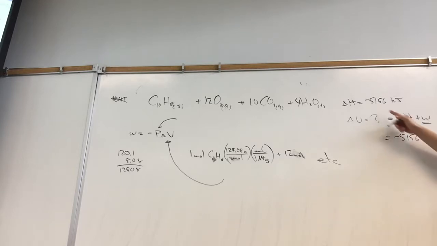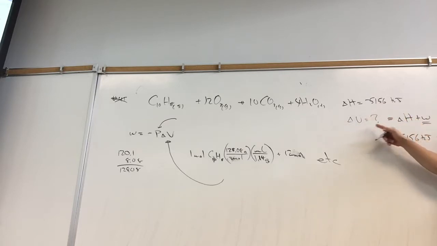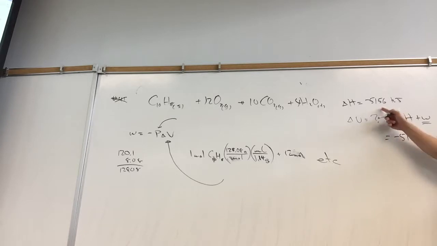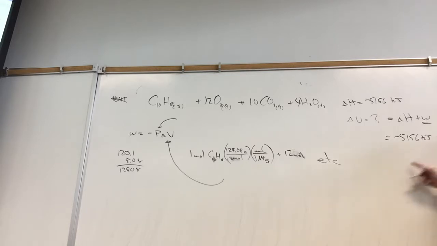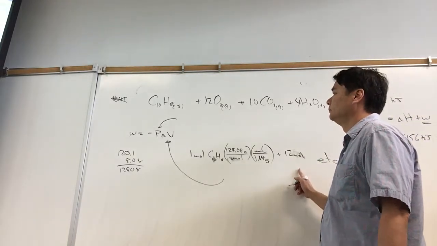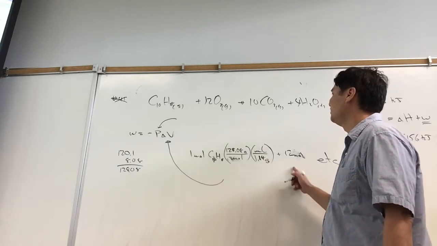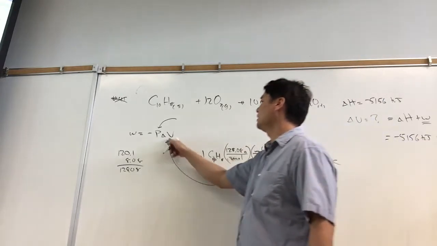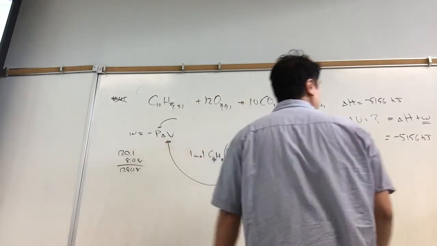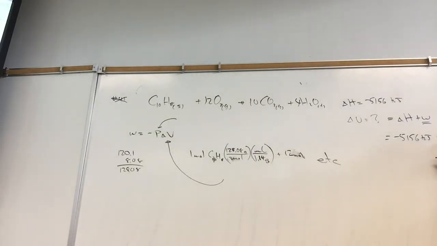So that means this heat output that we get is actually greater than the heat output we would have expected using delta U. The amount of energy that we get from doing this under constant pressure is greater because delta V is going to be negative, right? Delta V is negative because we're losing gas. Negative times negative makes this positive. And so delta U is going to be less because this is positive, this is negative. So we're going to get less heat output in the surroundings.